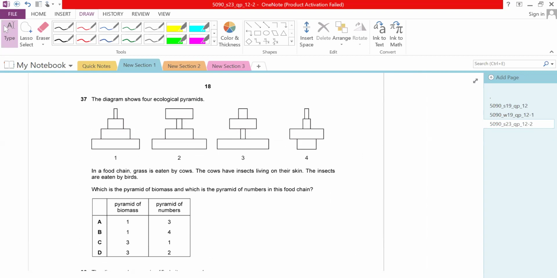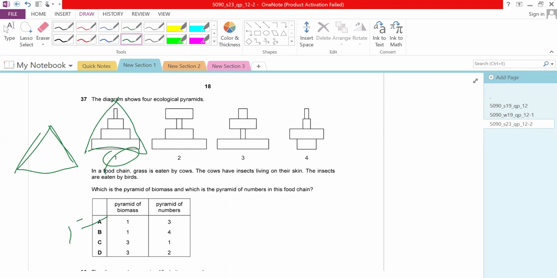I told you previously that the pyramid of biomass always has a triangular shape. However, the pyramid of number may or may not have a triangular shape. So there are two possibilities for pyramid of number. Only one pyramid has the triangular shape, and it would be the pyramid of biomass.